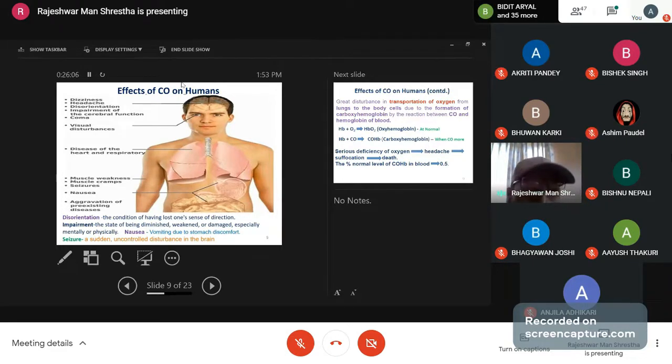Then disturbance in visual activity and disease of the heart and respiratory system. Then the muscles become weak, muscle cramp, and seizures, being sudden uncontrolled disturbance in the brain. And aggravation of pre-existing disease in the human being.